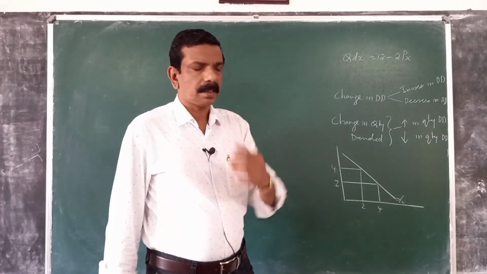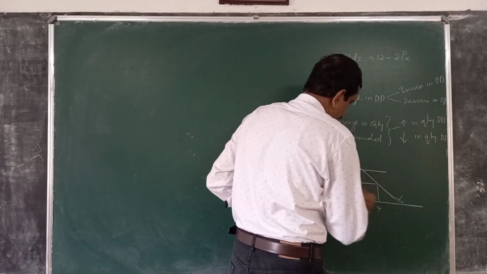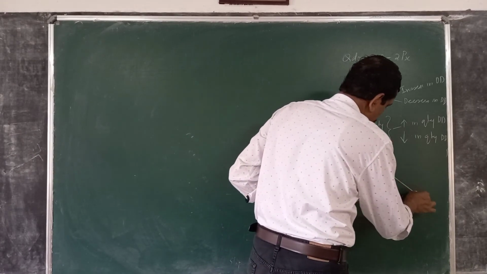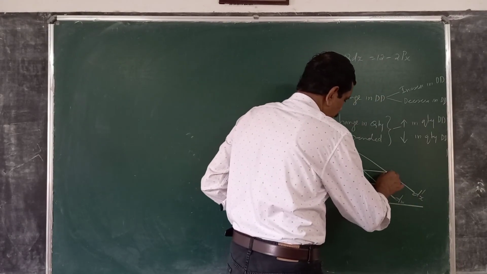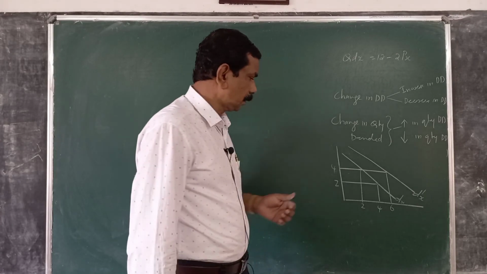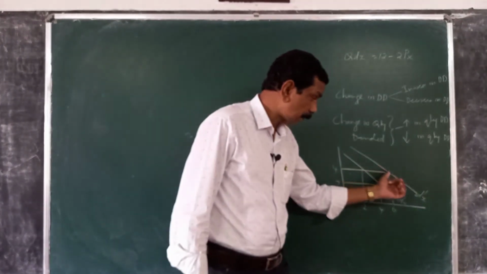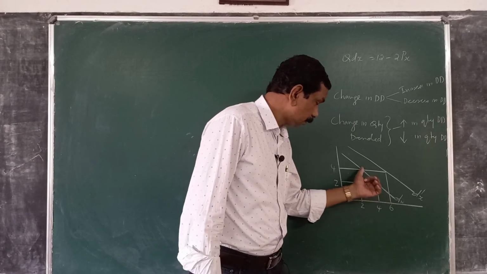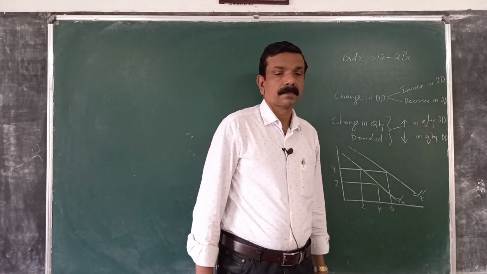Now suppose that the income of the consumer increases. As a result, the demand curve is shifted towards the right as d dash x. And for the same price, now he purchases 6 units. This movement from this point to this point is an increase in demand.